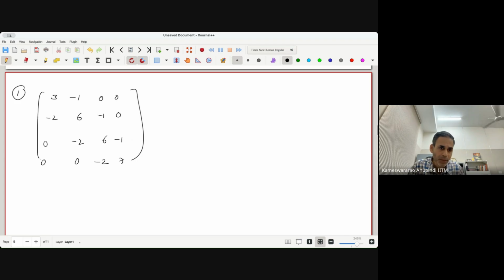Then we are given the unknowns phi1, phi2, phi3, and phi4, equal to, on the right hand side, 3, 4, 5, and minus 3.